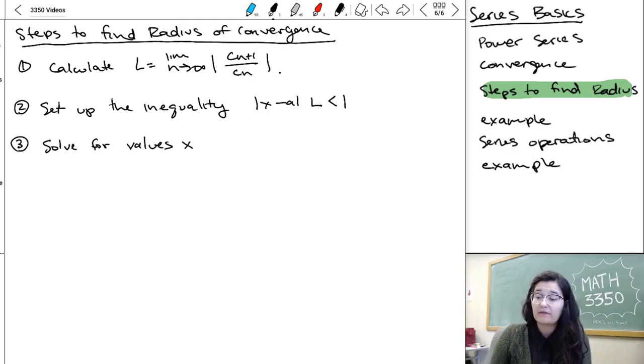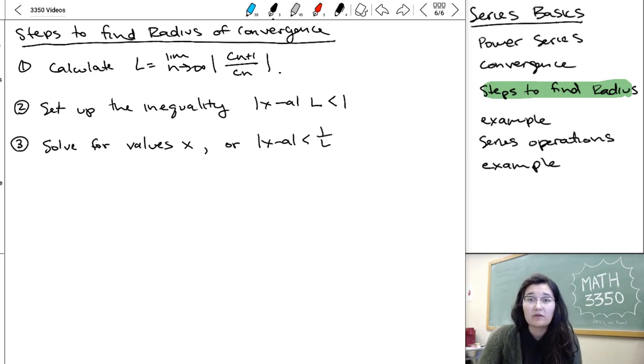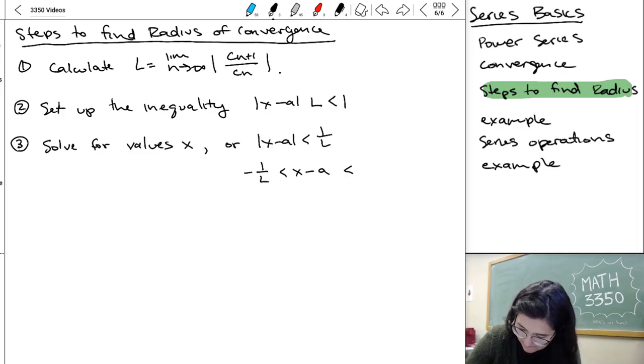We're just going to solve for values x, or absolute value x minus a less than 1 over L, or we do that negative positive thing for absolute values.